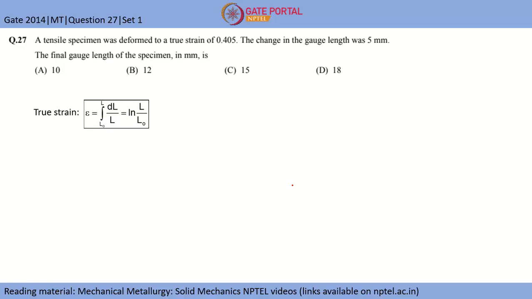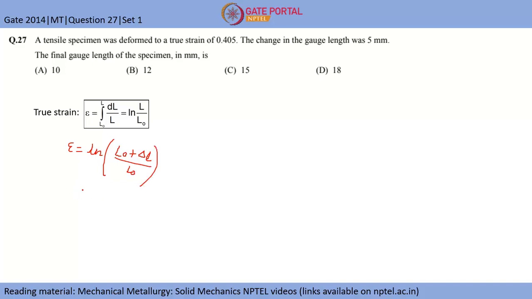Firstly, true strain is given by this formula where epsilon represents the true strain, which is given by ln of final length by initial length. Here you can see this is the final length divided by the initial length. So now we will try to solve it. Let's say this epsilon we can write as ln of L naught plus delta L, divided by L naught.